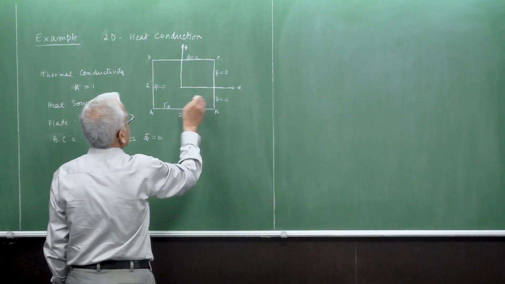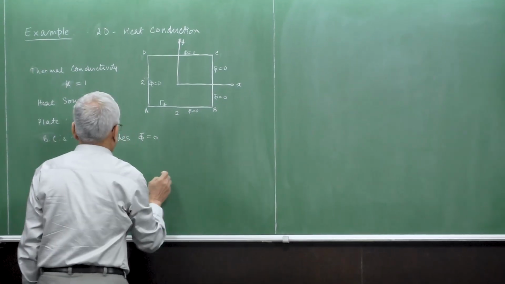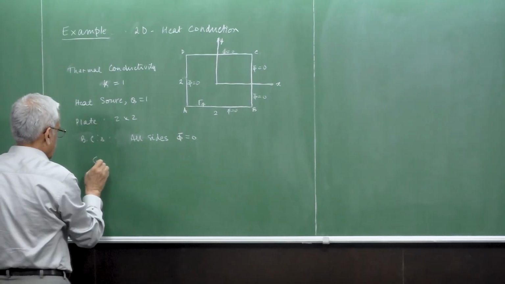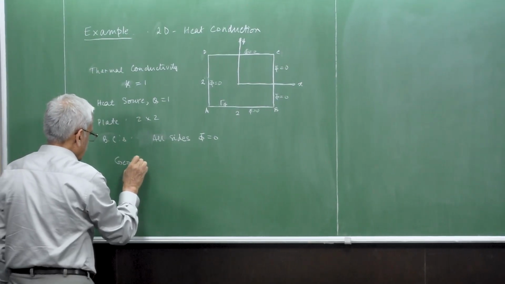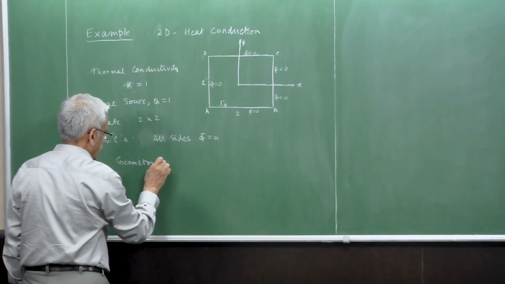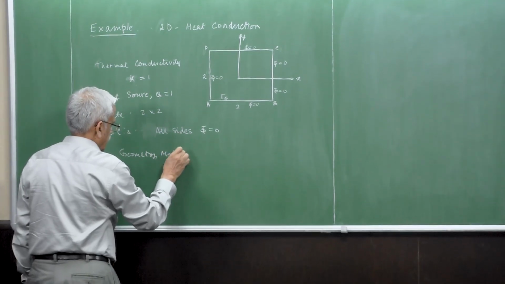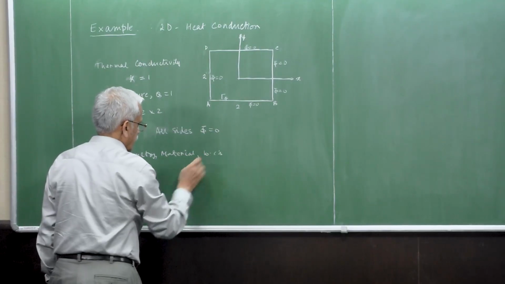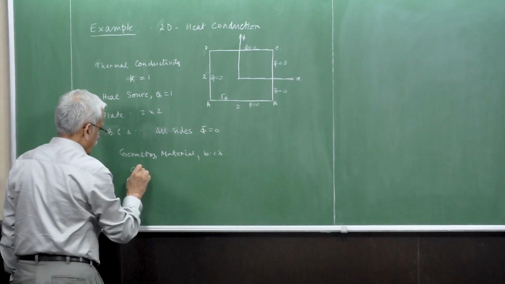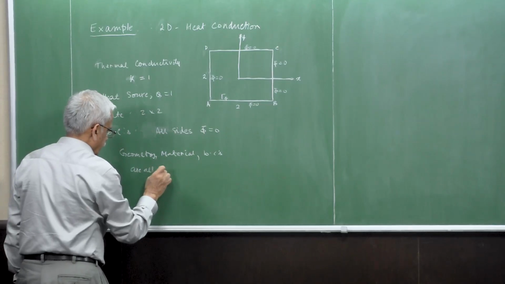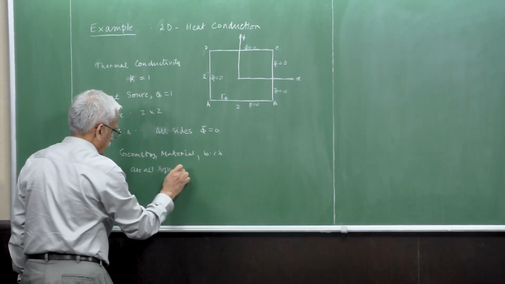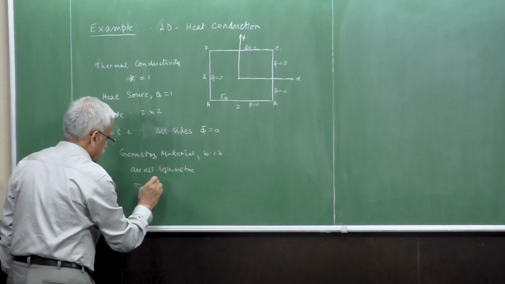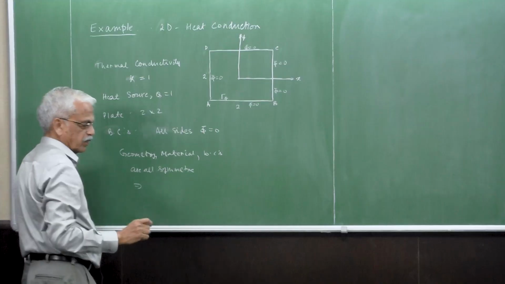So that means that this quarter plate, if you take it, geometry, material, and boundary conditions are all symmetric. So that means that solution is also symmetric. Okay.